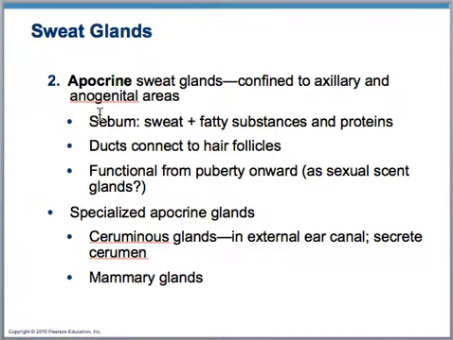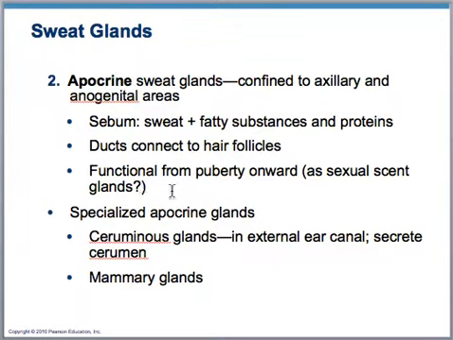Sebum is a combination of sweat and other fatty substances or fatty proteins that are produced in those, what we call, reproductive areas. So think also about production of pubic hair, and hair in your armpits happens at puberty. This is also going to stimulate these apocrine sweat glands.